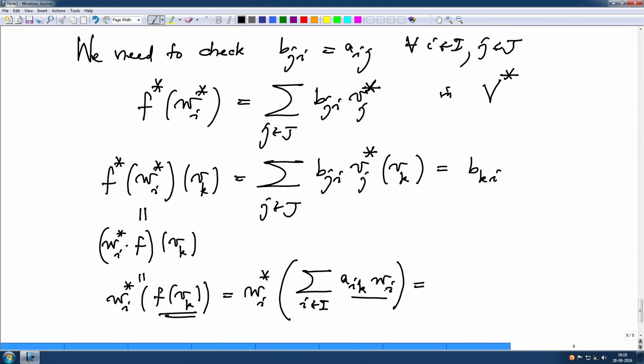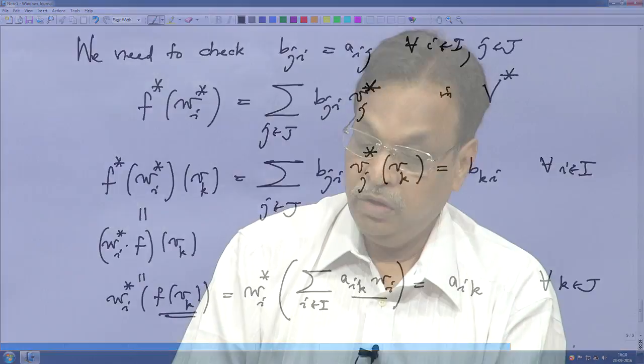When I put this in, the only term which will survive is the i term, so this is aik. Therefore we have proved bki is equal to aik. This is true for every k in J and for every i in I. Therefore we have checked that the two matrices are equal. We will take a short break and then come back.